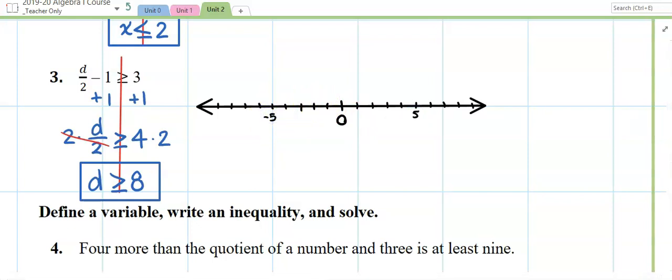I'm going to graph 8, +8, which would be right here with a closed dot. And I want to shade the arrow that matches my greater than symbol, which is right here. So I'm only shading a very small part of my graph.